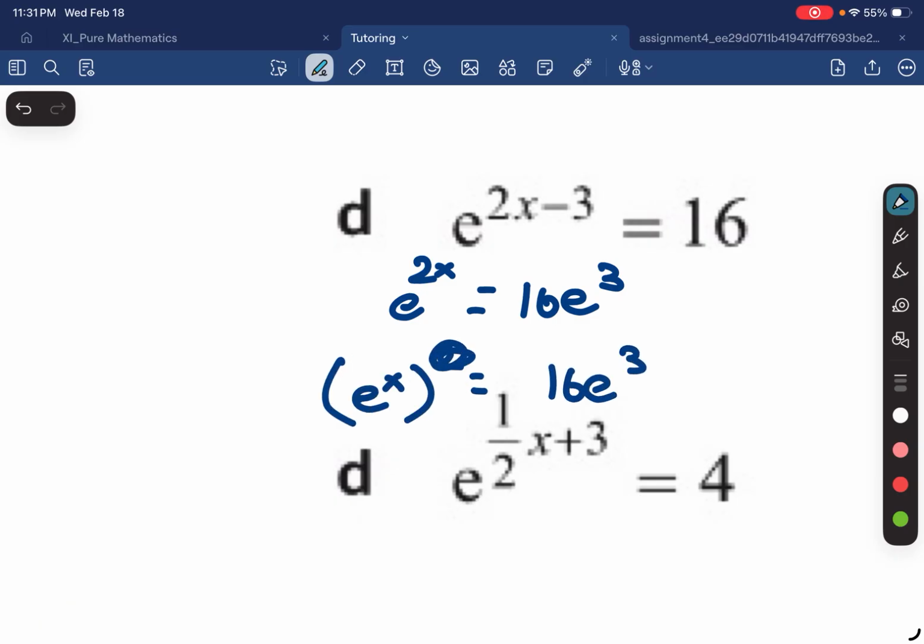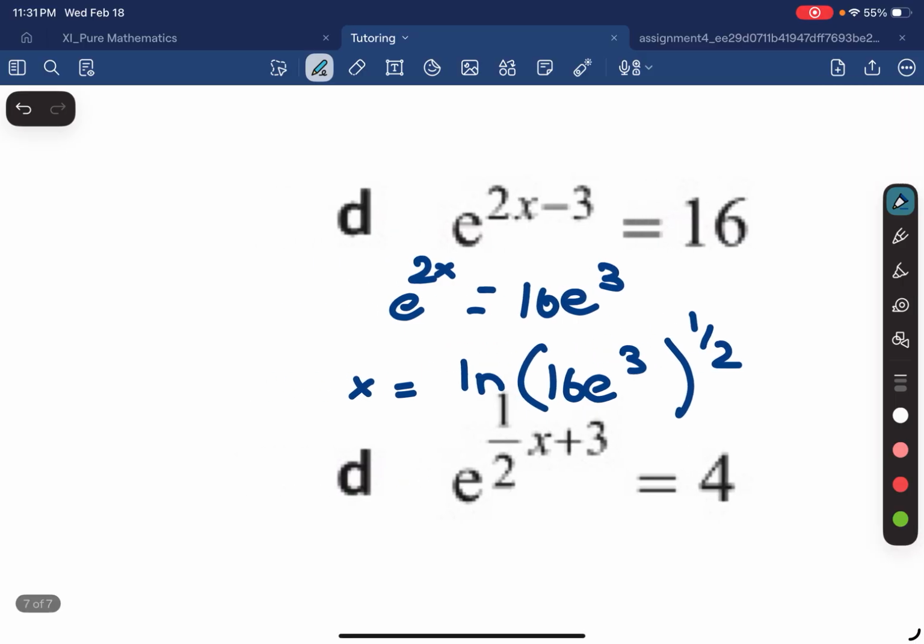So you can take the half power on both sides to get e to the power x. And finally, you can take the natural log. So x is equal to the natural log of 16 times e cubed, to the half power. And that gives me 2.89 to 3 significant figures.